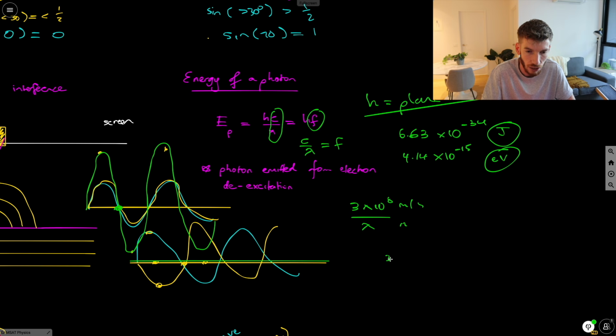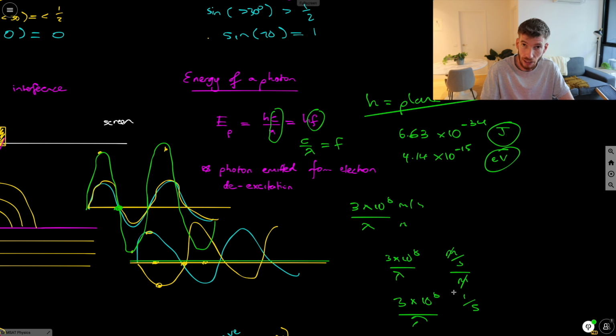So we get 3 by 10 to the 8 over whatever lambda is, and the units, the meters, cancel out, and then we get 3 by 10 to the 8 over lambda per second. And per second is the equivalent of a hertz. That's the way that we can reason that out.